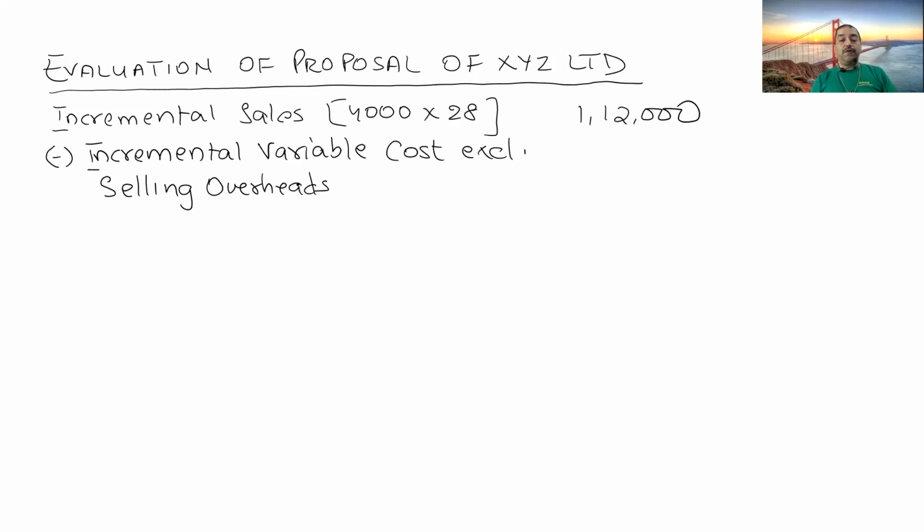What is your total variable cost? 20 lakhs. What is your selling and distribution part of that variable selling overheads? 4 lakhs. So 20 lakhs minus 4 lakhs is 16 lakhs. But that 16 lakhs is to produce 80,000 units. And now I want to produce only 4,000 units. 80,000 rupees.